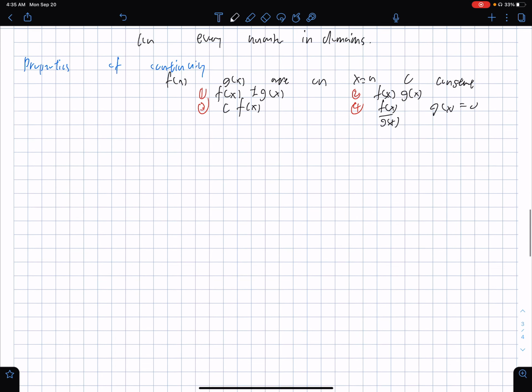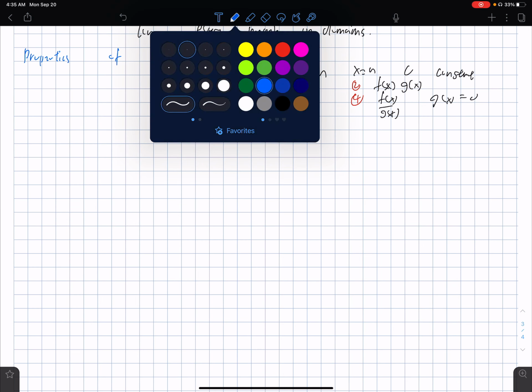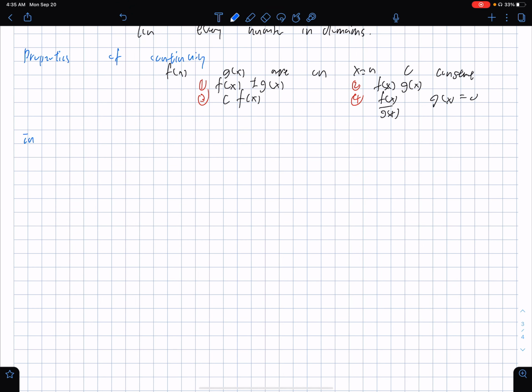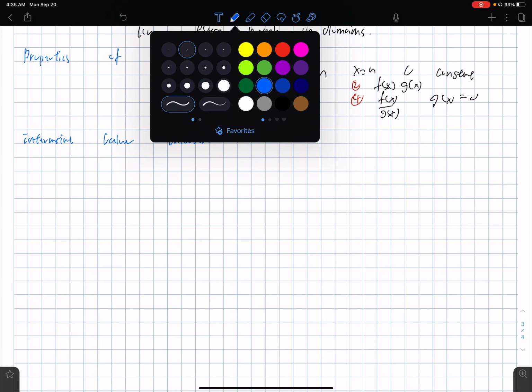Now, moving on to perhaps one of the most important theorems in calculus, the intermediate value theorem. And it states this.